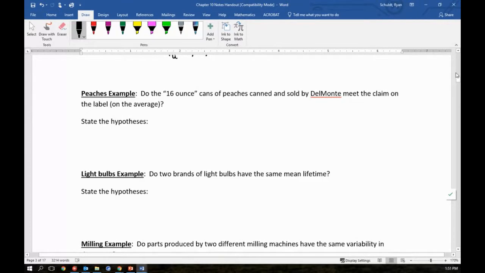Okay, so what population parameter are we looking for? We're going to want this on the average, so mean. What's mu equal to then?